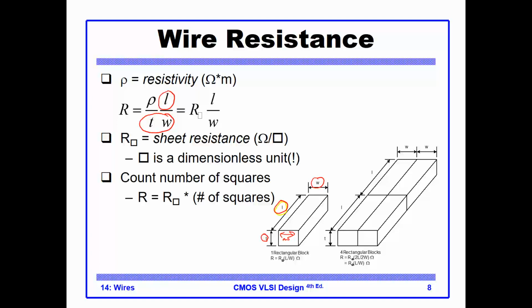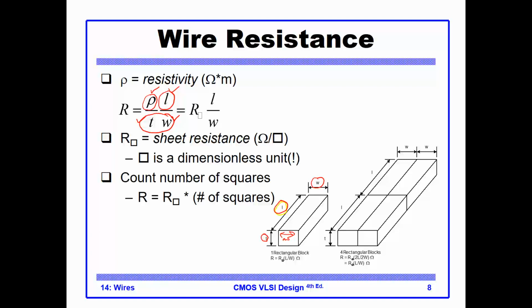This is multiplied by the resistivity, which is a parameter that is a function of the material. So the resistance is the resistivity times L divided by thickness and width of the wire.